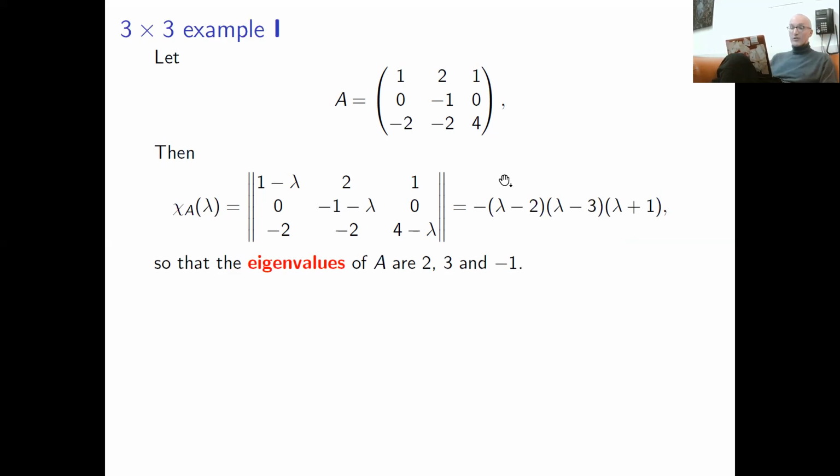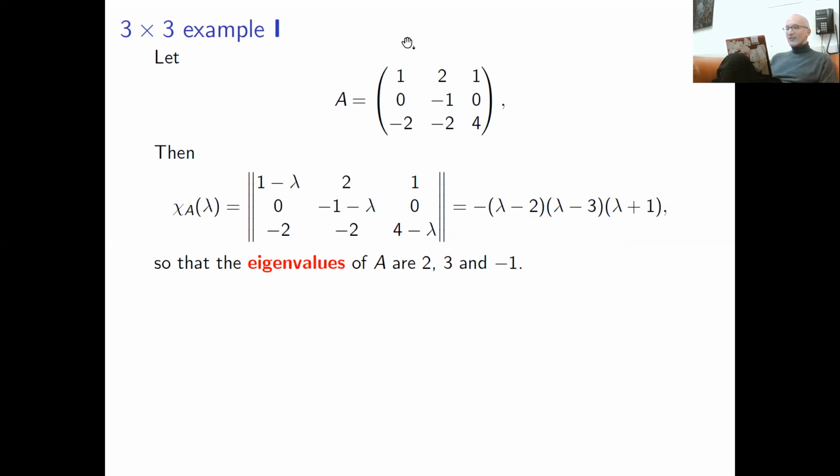It turned out the roots are 1, minus 1, 2, 3, and then I get this factorization. Of course, here I got lucky, so my polynomial simplifies like this.